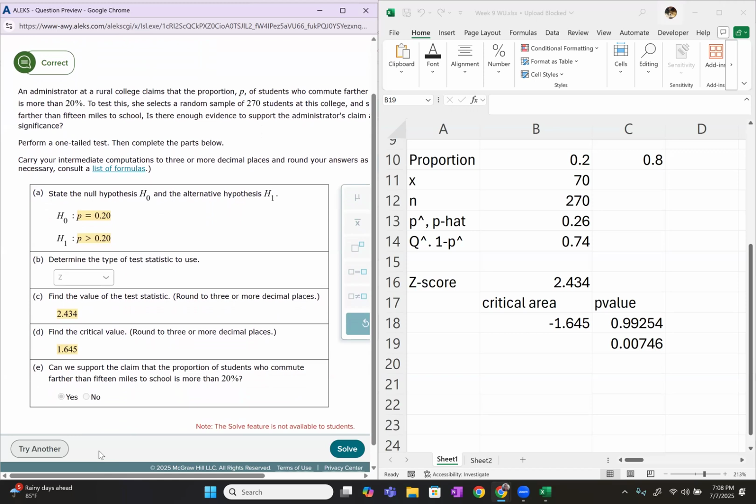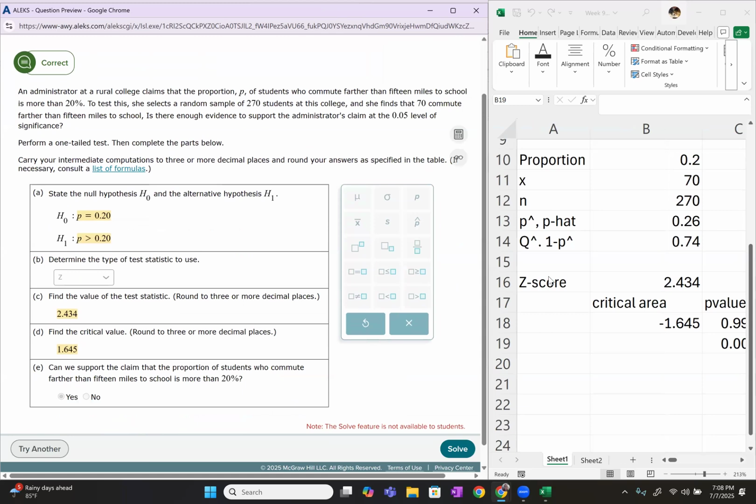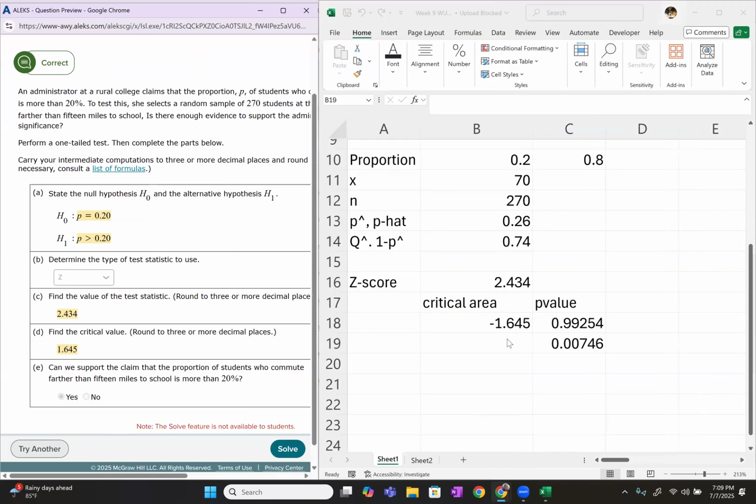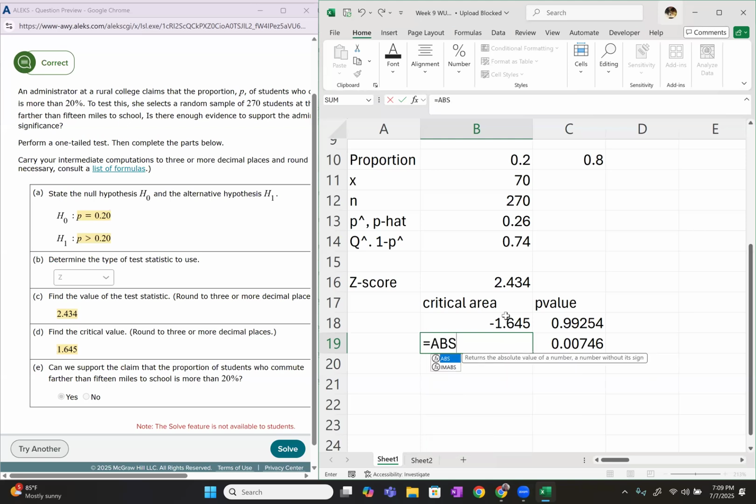So take a look at what's on the screen. Maybe you need to see the question any bigger. I can move this over a little bit. So for D, is that where you take the absolute value then? Because we've gotten negative 1.645. Yeah, it's either that or it's going to be the positive. So it's going to be the absolute value of this term. Okay, thank you. So 1.645.